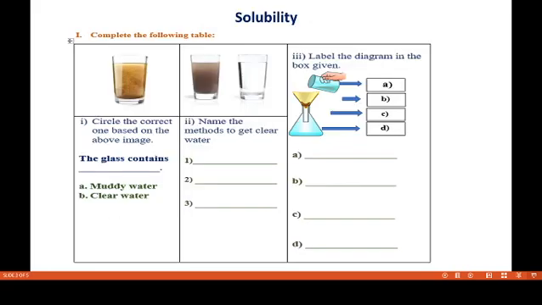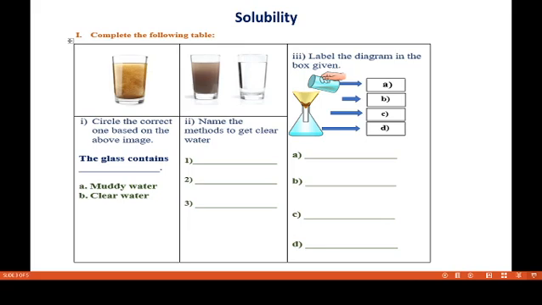Okay students, now we do the exercise of solubility. First one, complete the following table. Observe the images. Circle the correct one based on the above image. The glass contains muddy water or clear water. Can you guess?